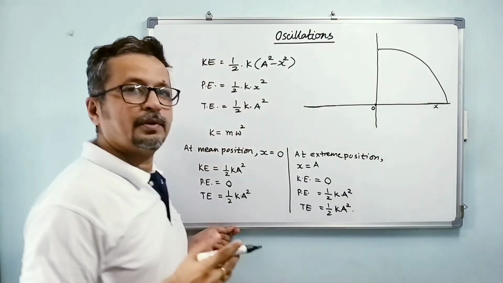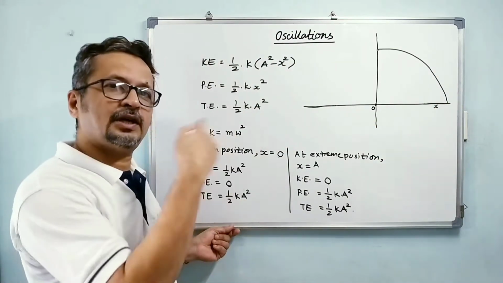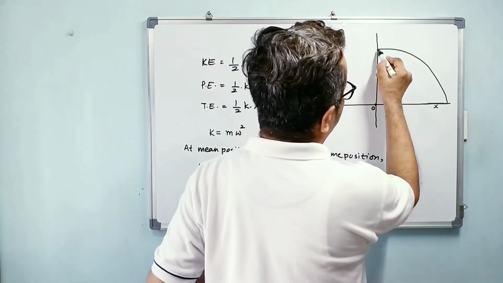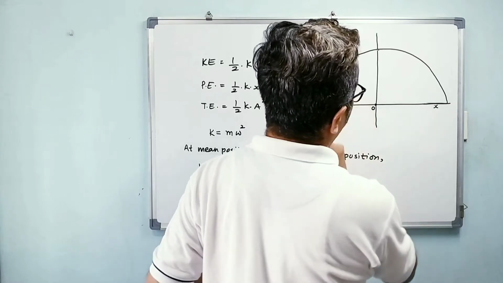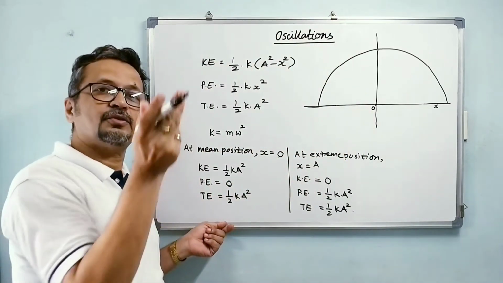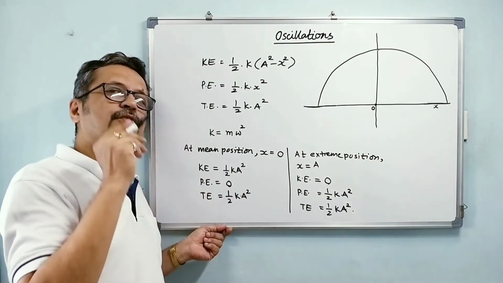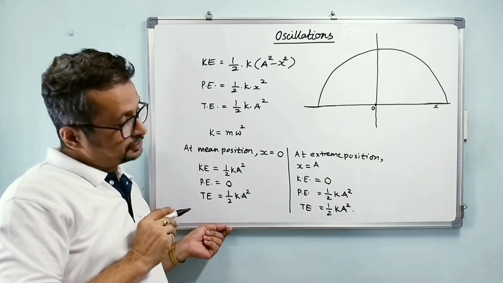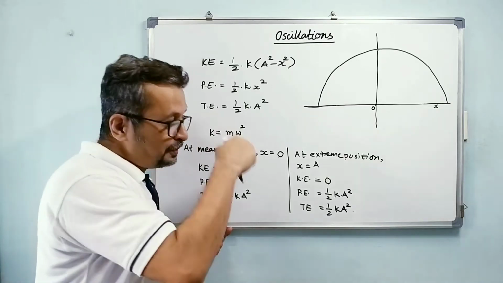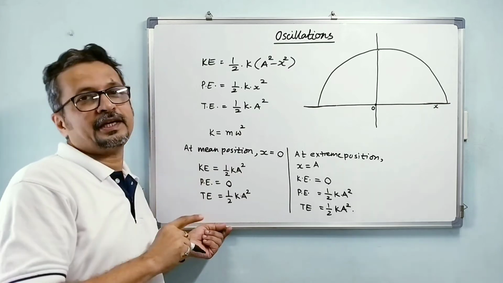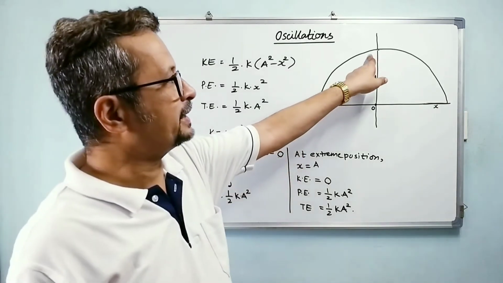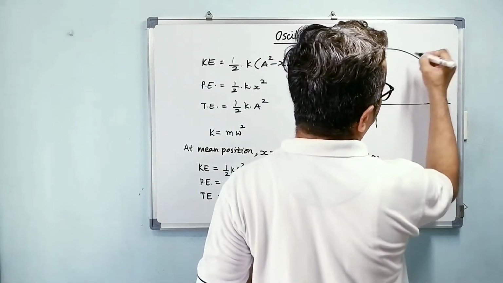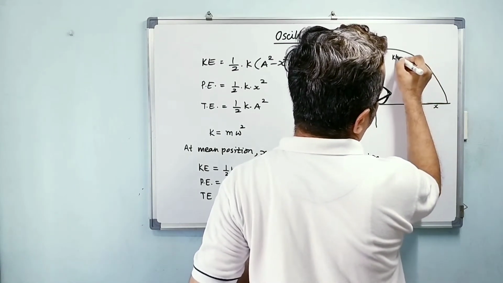The same thing happens when I go on the other side; the kinetic energy again falls. What about potential energy? At the mean position, the potential energy is 0, but kinetic energy is maximum. So I just name this as KE.